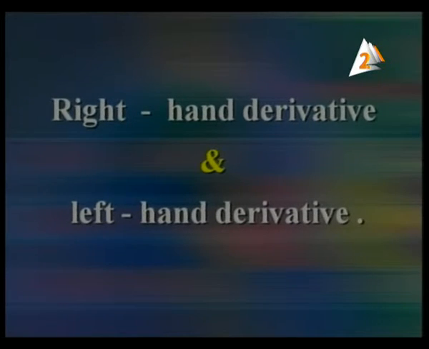Right hand side and left hand side. Remember, what is the existence condition? Right hand derivative, left hand derivative. It means f dash of a positive equals f dash of a negative. Look at the graph. The line represents a belongs to f dash x.